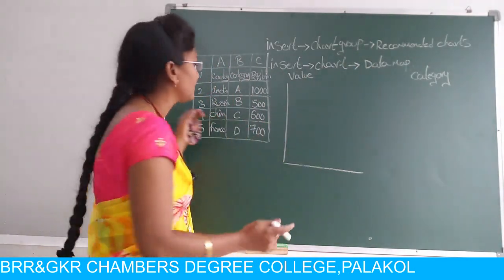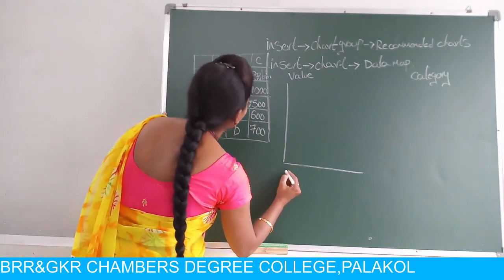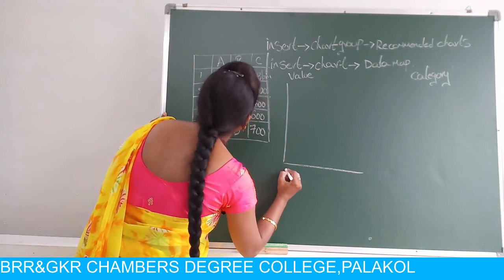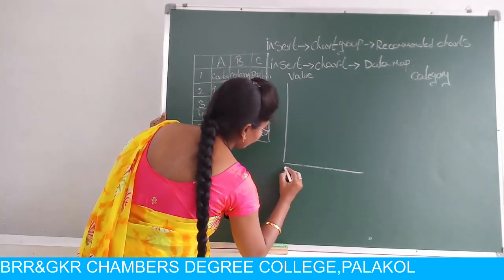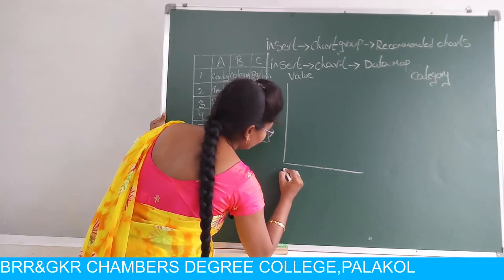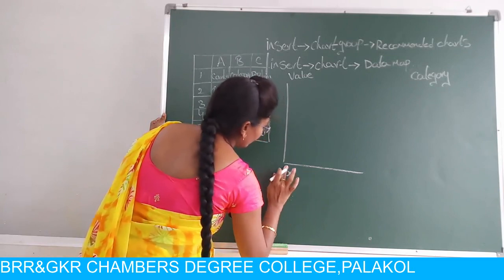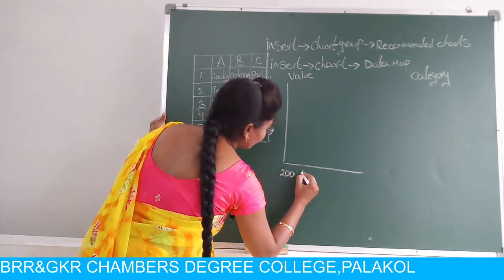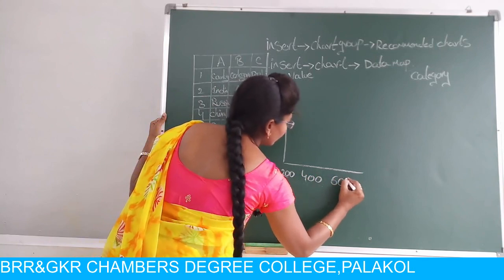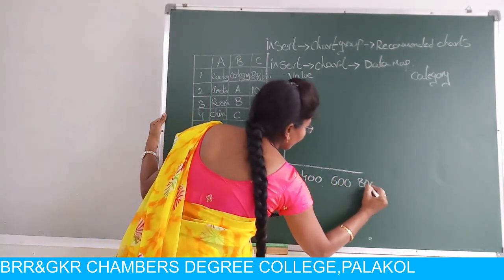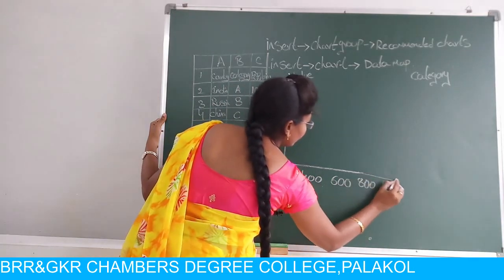That bar chart will be represented like this, and here I am taking the population from 100, 200, 400, 600, 800, and then 1000.